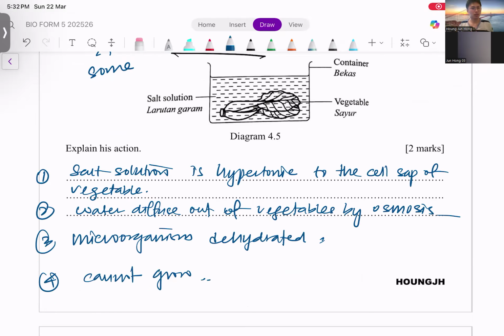The microorganism cannot grow, then it will die. Then your vegetables won't spoil. Okay, cool. That's it. All right, let's move on to the next question.